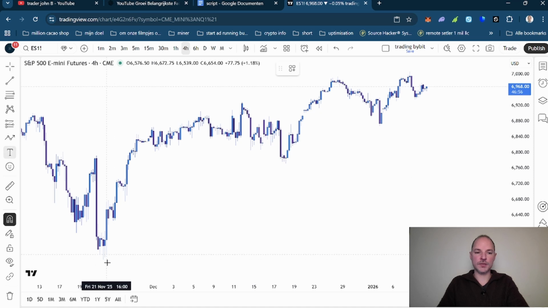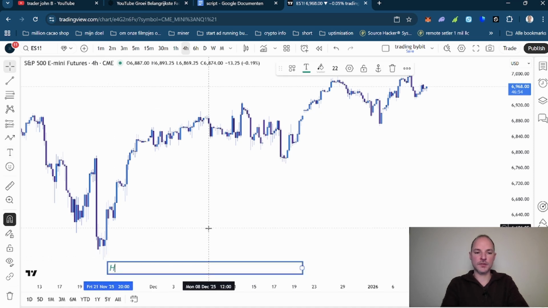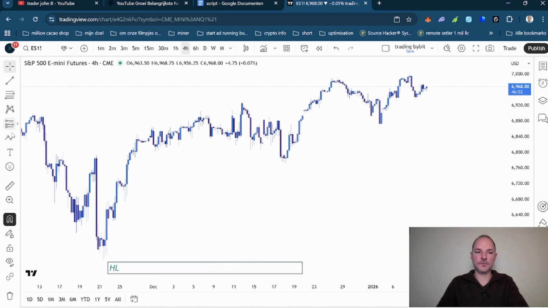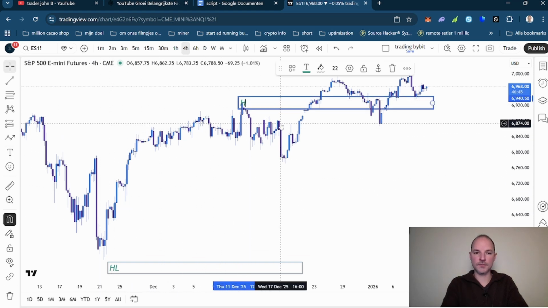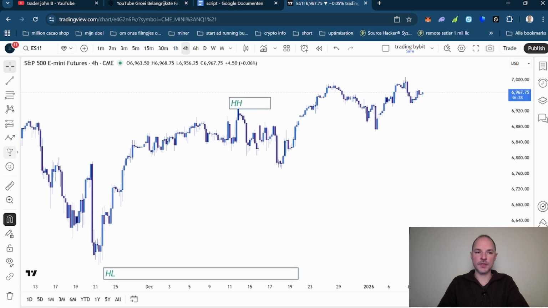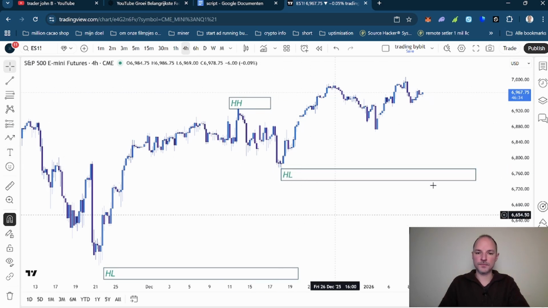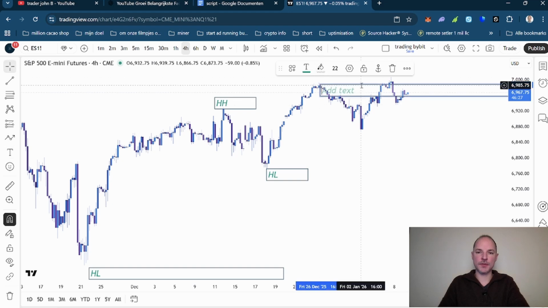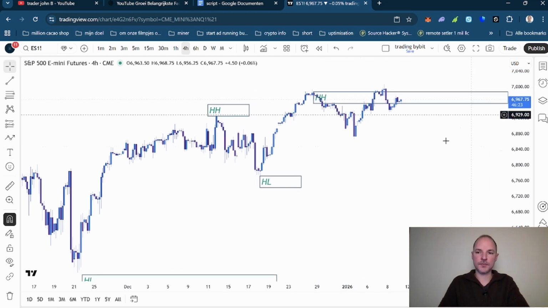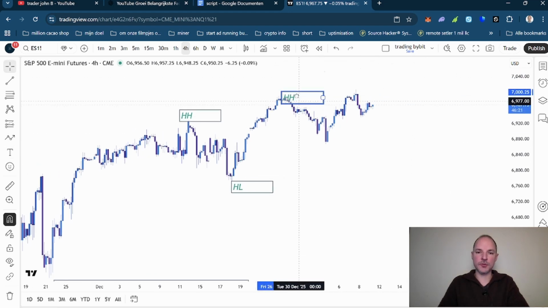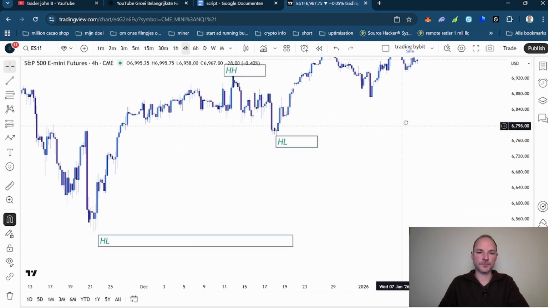So this is a higher low. If we read the full market condition, this is a higher high. What do we see then? We create a higher low. We create again on this one a higher high. This is a 4-hour trend movement, so we know what the direction is.